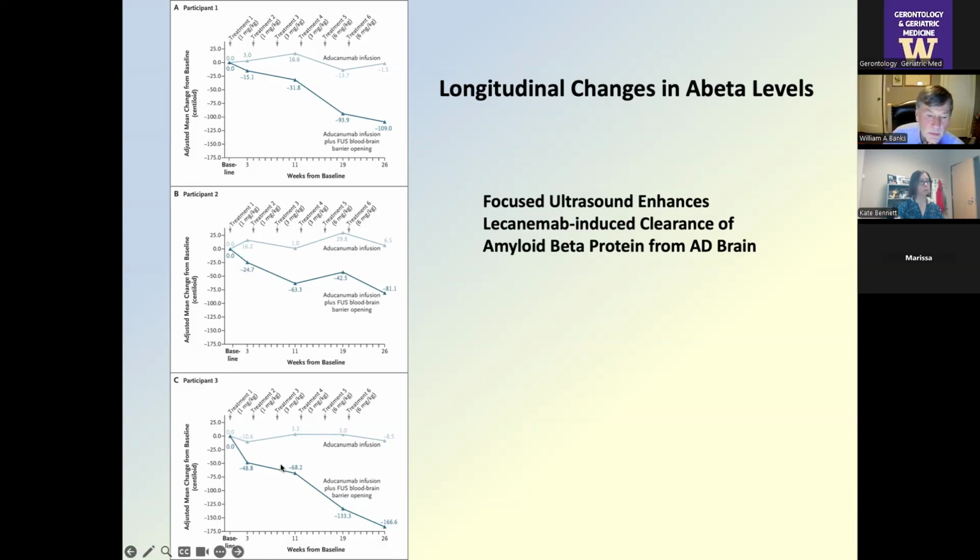You see it looks rather dramatic. So perhaps this is a new way. He's talking about doing a big clinical study where he does focused ultrasound on all of the brain, which would be really, really tough to do and probably take a long time. But hey, you've got 2 weeks between each lecanemab dosage to do that.